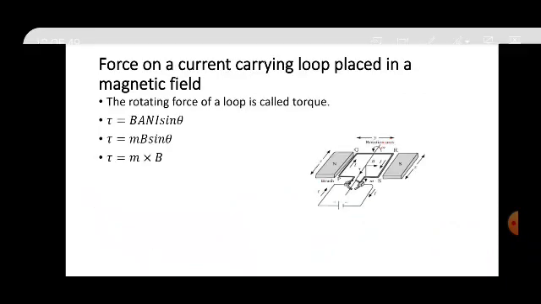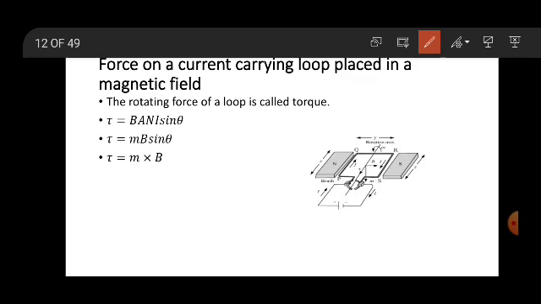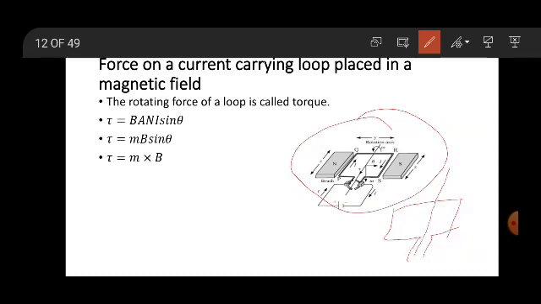Okay, so another topic we are looking at is force on a current carrying loop placed in a magnetic field. Now, if it is a loop, just like the diagram we have here, there is a loop drawn this way, and it has to rotate when it is placed in a magnetic field.